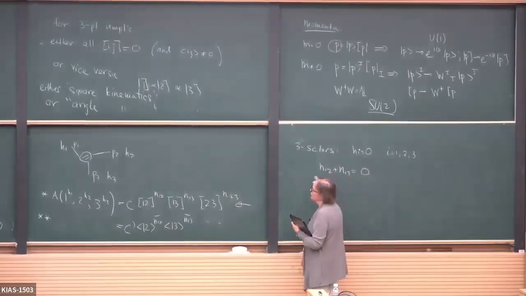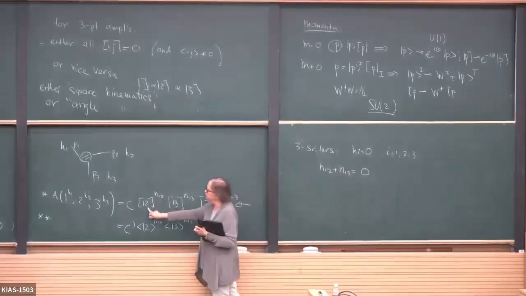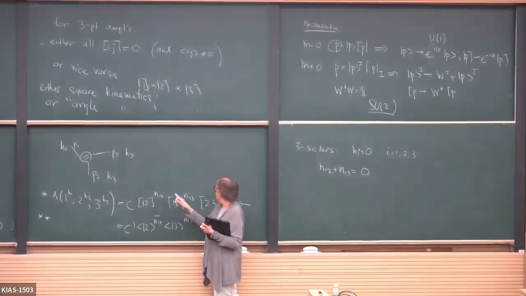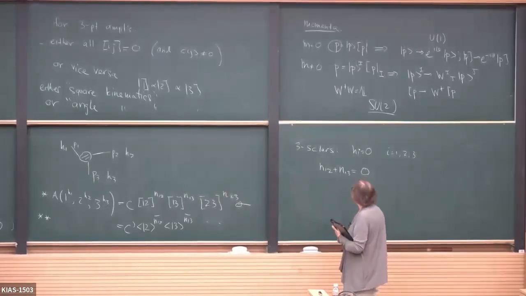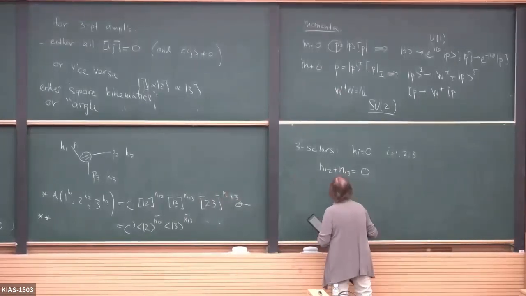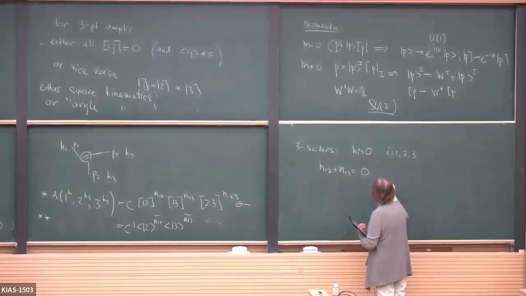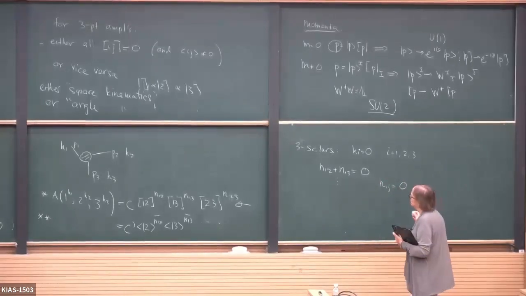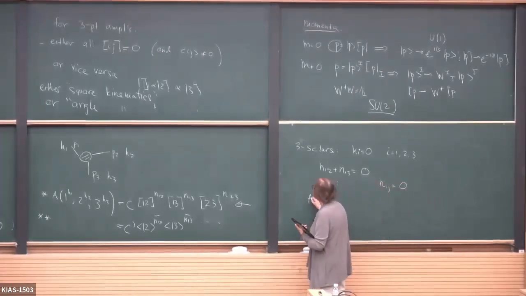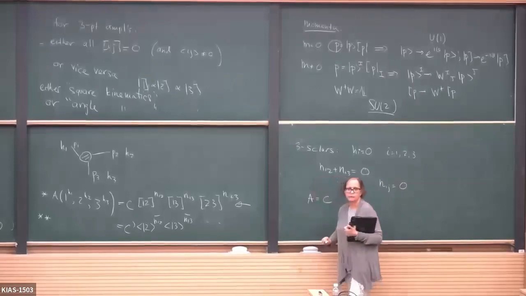And similarly for 2, n12 plus n23 should be 0. And similarly for 3. So from this, we see that all the nij should be 0. So for the scalar, we see immediately that the amplitude can just be a constant.